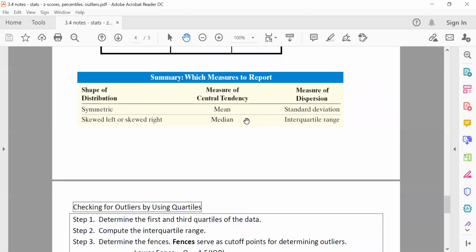But if your data has any outliers, or is skewed left or right, the median is going to be a better measure of central tendency. The interquartile range, the IQR, is actually your better measure of dispersion, at least at a fairly elementary level. Now you can go above and beyond that, but you know.